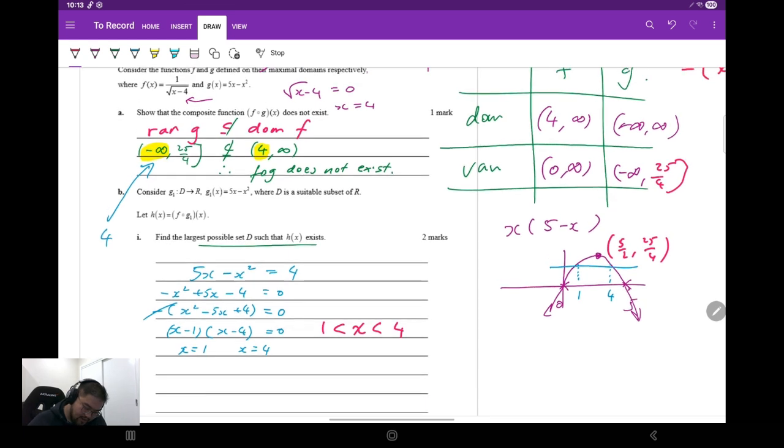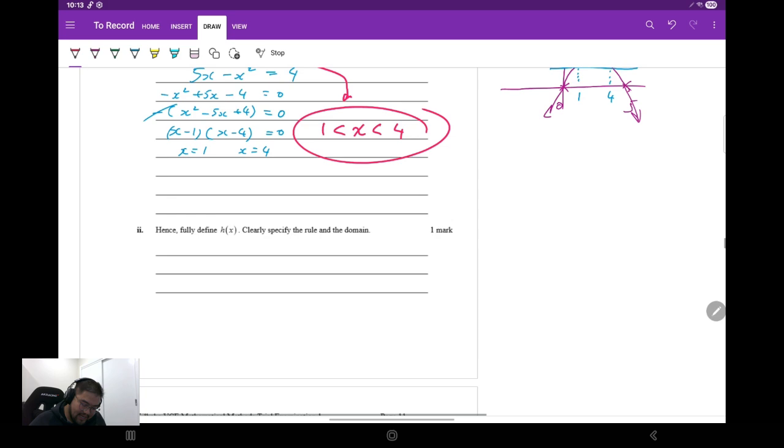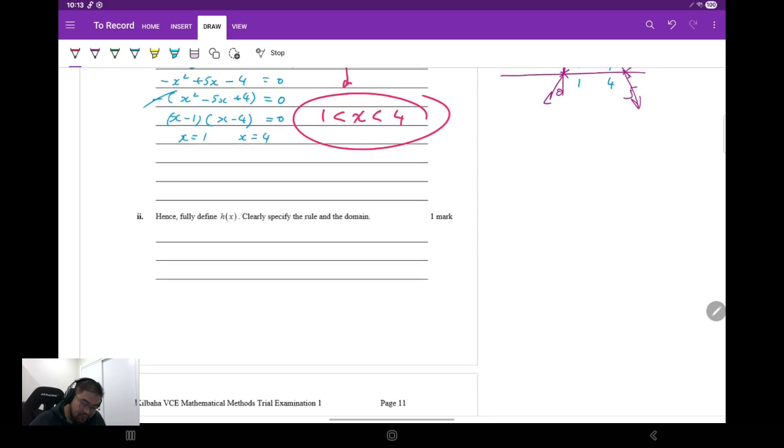Now the domain of f starts at 4, which means we can't include 4, so that end is non-inclusive, with round brackets. Now that we've got the domain, it says to fully define h of x with the rule and the domain.